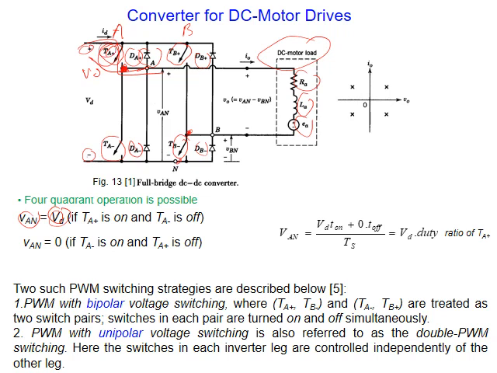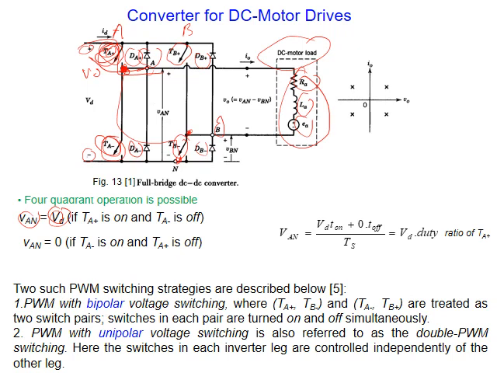When this one is on, the other one is off. When TA negative is on and TA positive is off, we have zero voltage because this point is connected directly to the negative. Now the difference between point A and point B gives me the output voltage. As you can see, V output is VAN minus VBN.